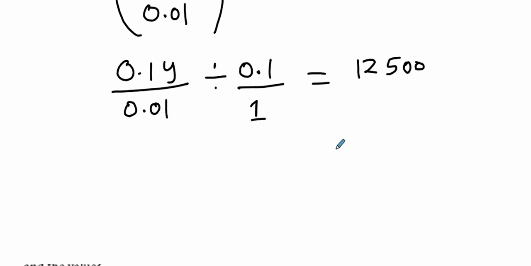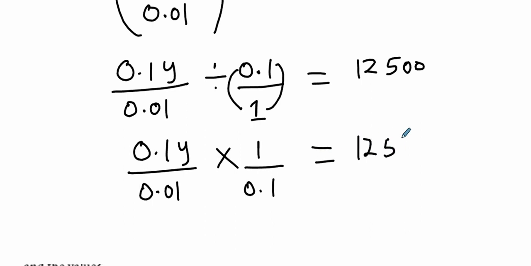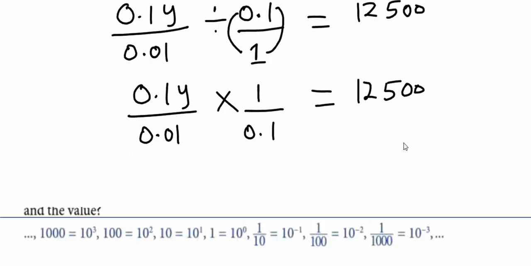To continue from here, this should be going up, and this should be going down. Reciprocal of that. This will be 0.1y over 0.01 times the reciprocal of this, which is 1 over 0.1, and this equals 12,500.